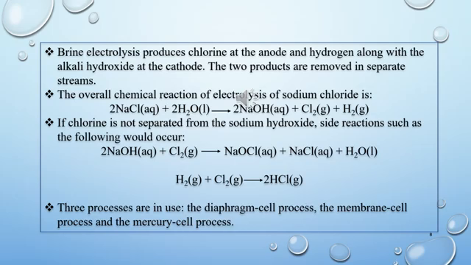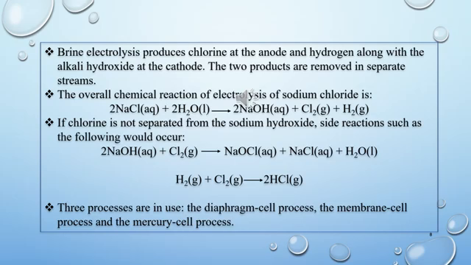As you know, dear students, chlorine has a negative charge. It will move toward the anode, and hydrogen and sodium have a positive charge, and these 2 will move toward the cathode.